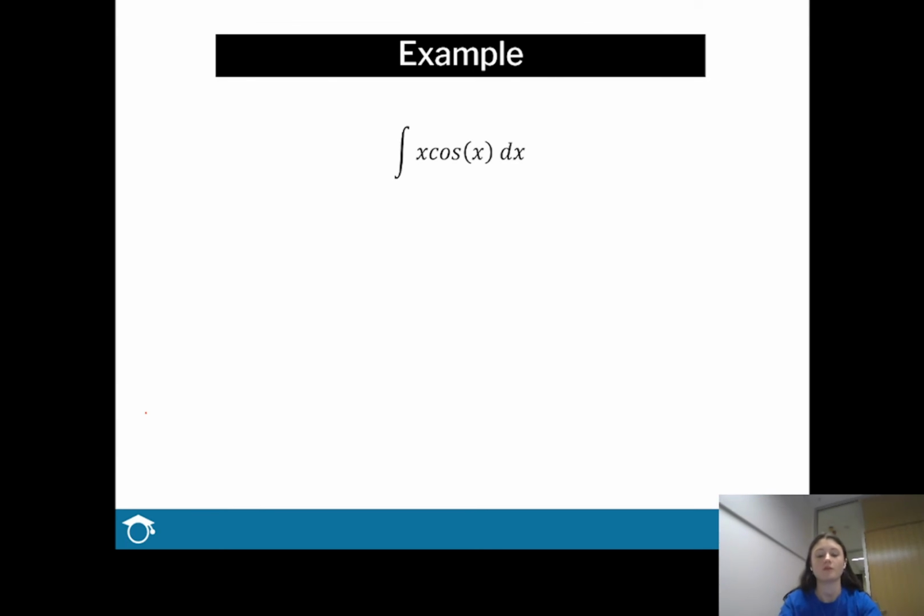But for this one, u equals x, and therefore u dash is going to be 1, and then our v dash is going to be cos x, and therefore our v, by integrating that, is going to be sine x.